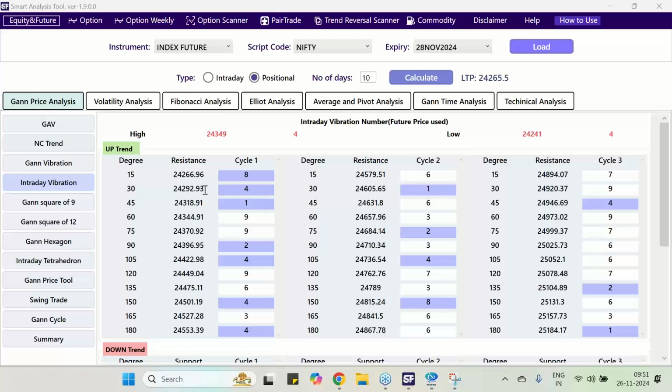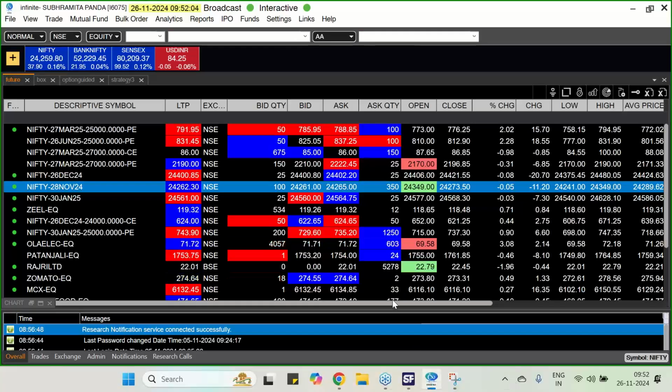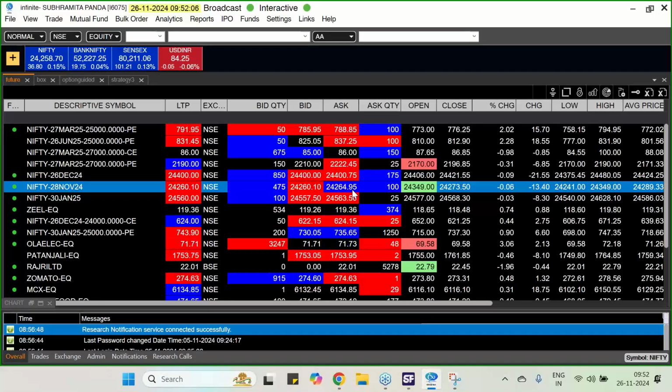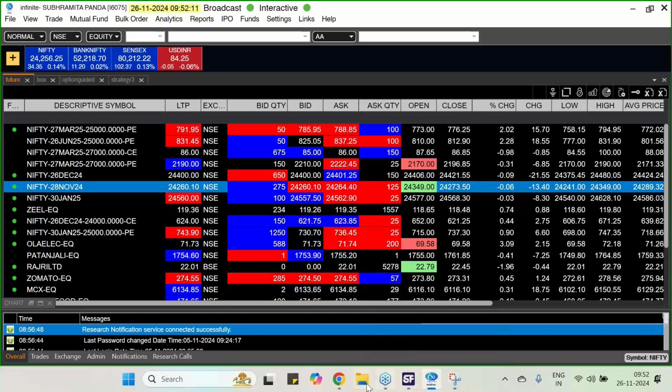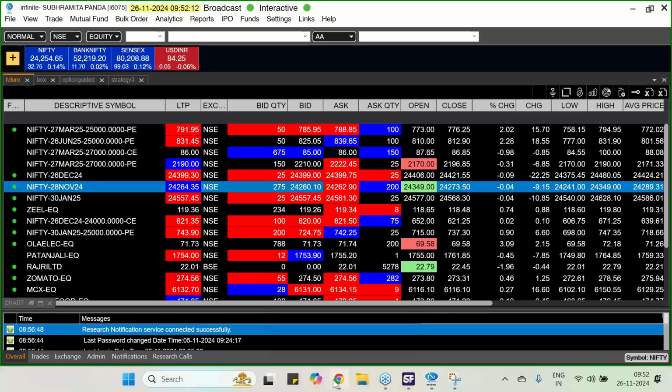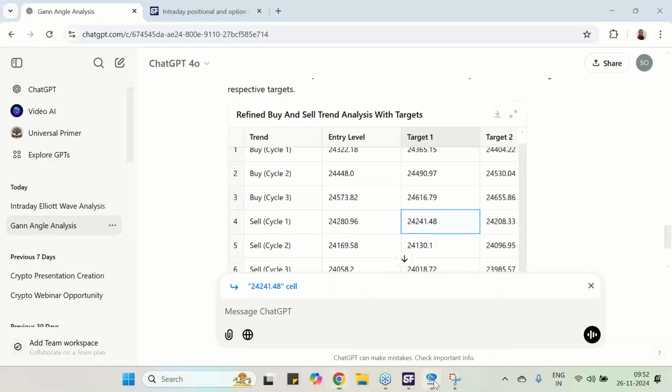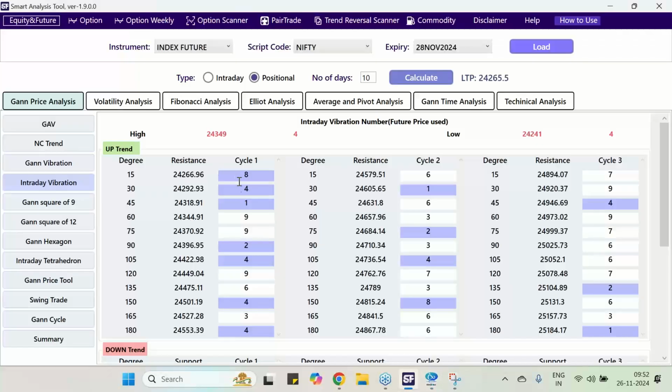So 267, 292, 318, the toughest vibrations are sitting here, three big resistances consecutively. When they sit consecutively, they are big resistance. 267 is a resistance, 293 is a resistance, 319 is a resistance.